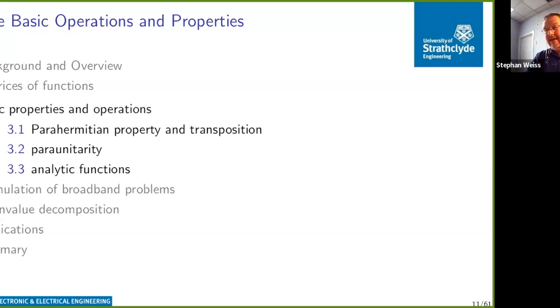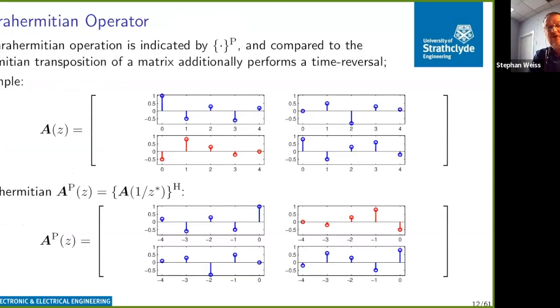That's quite centrally the para-Hermitian property that particularly applies to the space-time covariance matrix. We also define a para-Hermitian transposition. We define an extension of the unitary property for complex valued matrices. And I'll talk a little bit about analytic functions as well, because that's quite central to the matrices that we consider here.